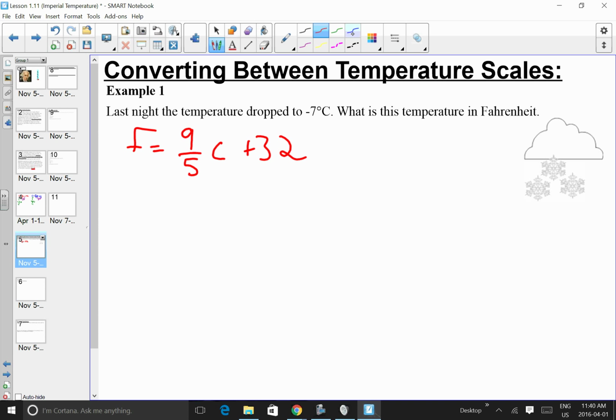Now the way these work is you're going to take whatever your degrees Celsius is, and that goes where the C was. So I'm going to rewrite this. F equals 9 over 5 times, anytime there's no symbol, that means multiply, times minus 7, and then plus 32.